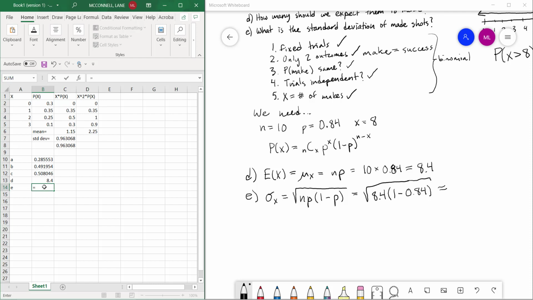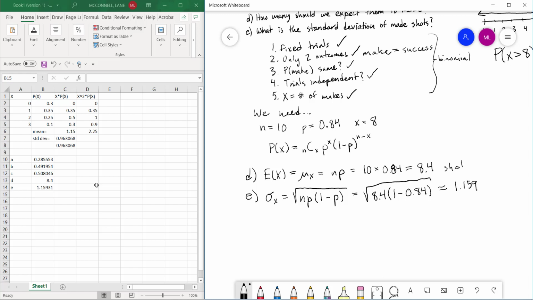I can do equals square root parentheses 8.4 times parentheses 1 minus 0.84, and extra parentheses to close it all. So this is basically the way that I would type in exactly what I have written here. 8.4 times 1 minus 0.84, and then take the square root of the whole thing, hit enter, and I get 1.159-ish.